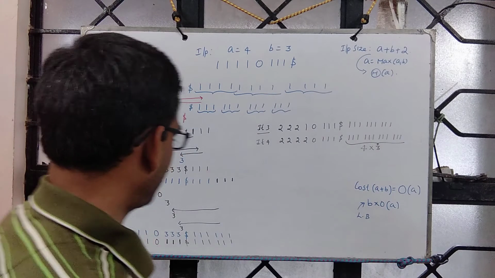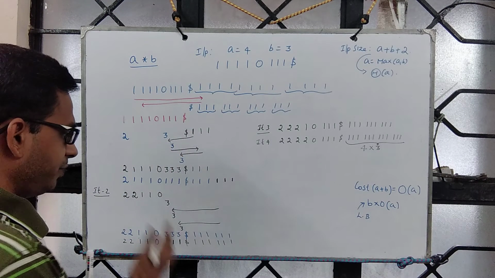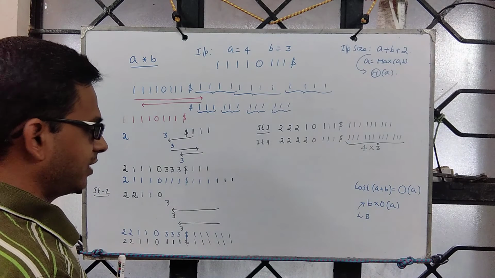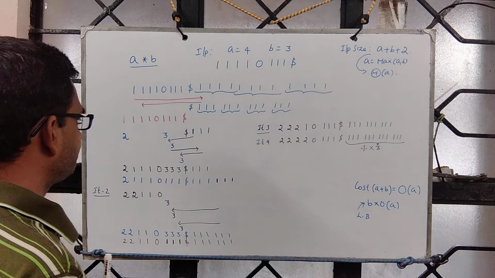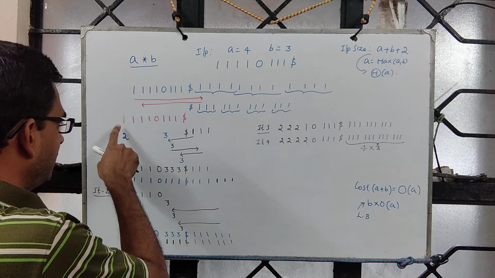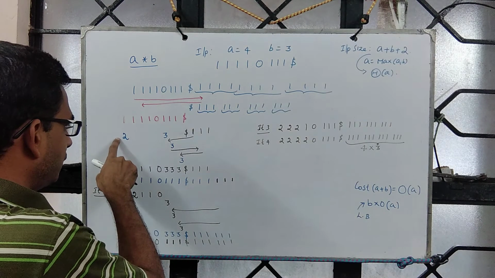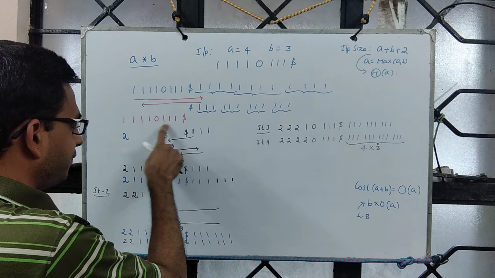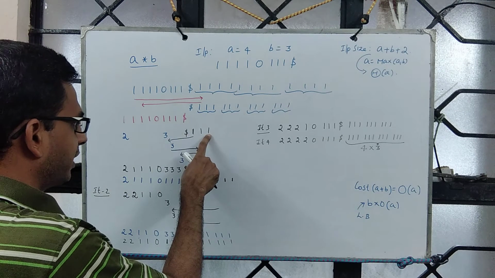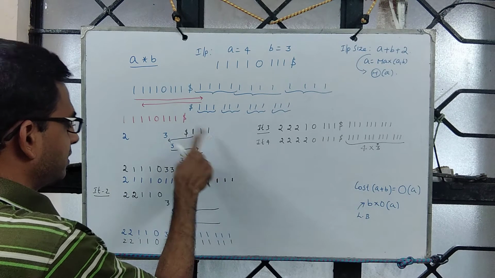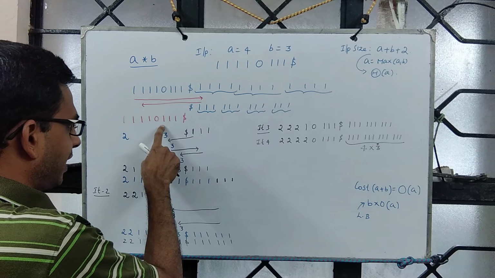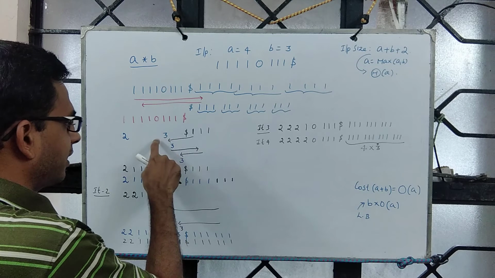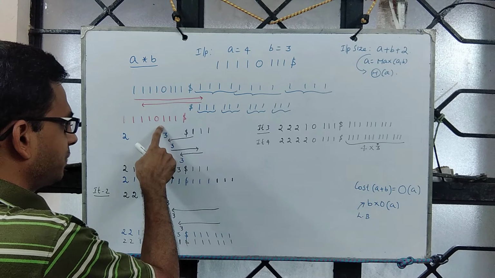Now the interesting part is how many moves we have taken to achieve this task. So the idea is this: flip the first 1 to 2, move right, make a copy of this to the right of $. Because after reading this, unless I flip it to 3, when I come back, I may not know whether I have seen this one or this one.